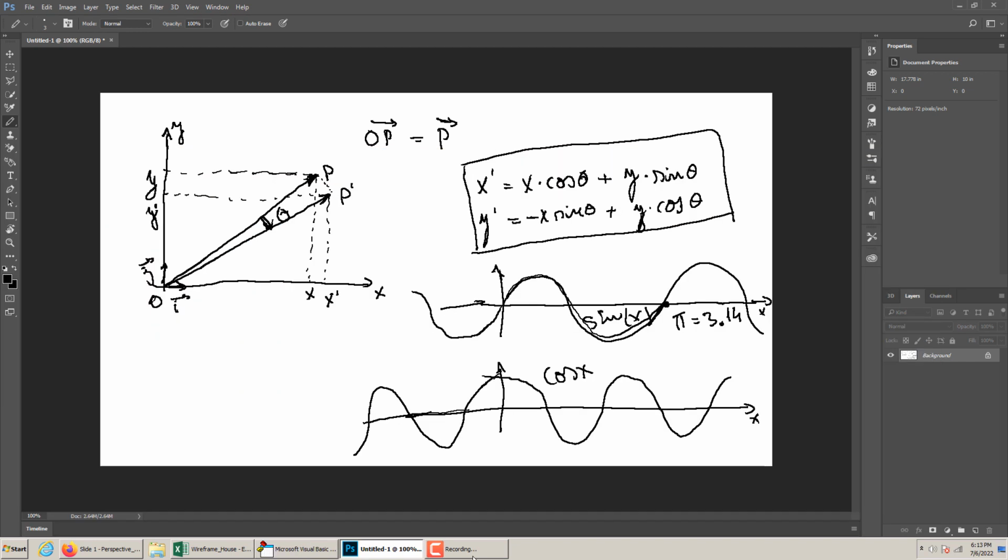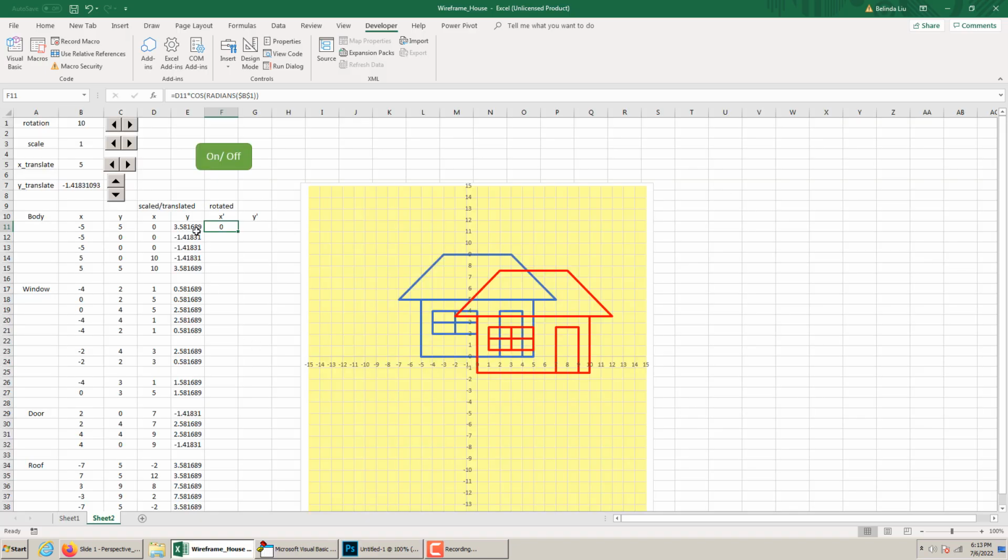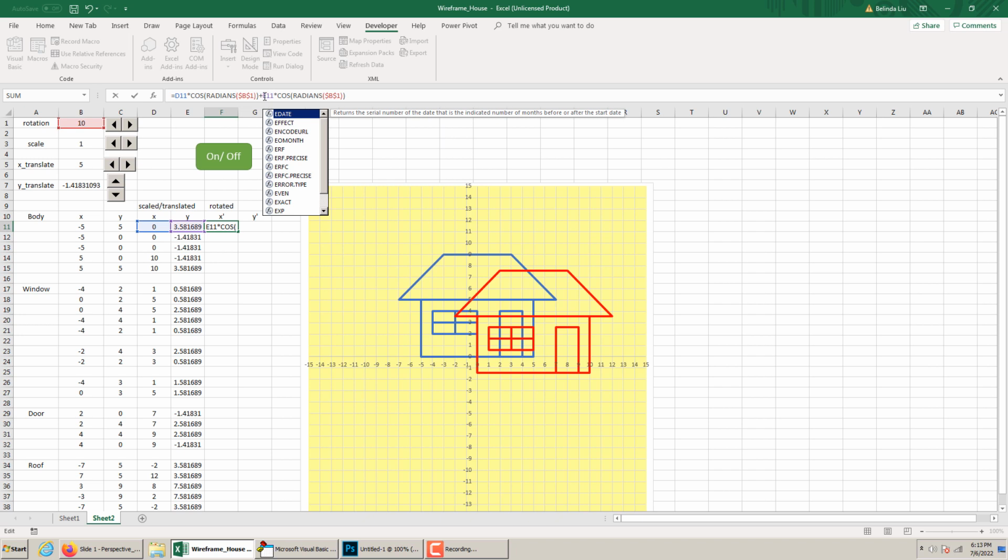So we go here, copy this, Control C, plus Control V. So D11 is going to be E11 here, and here sine.